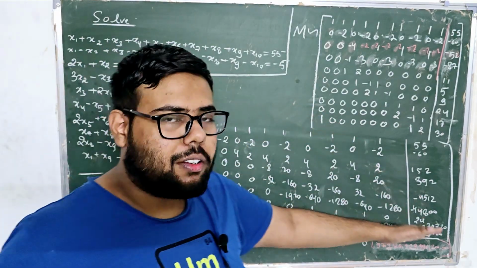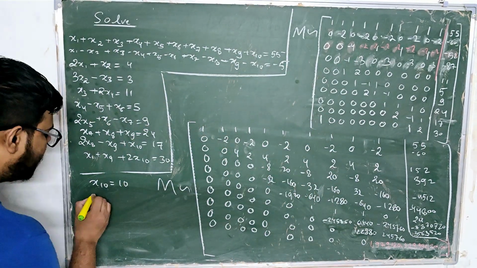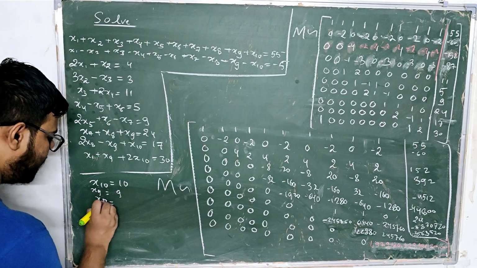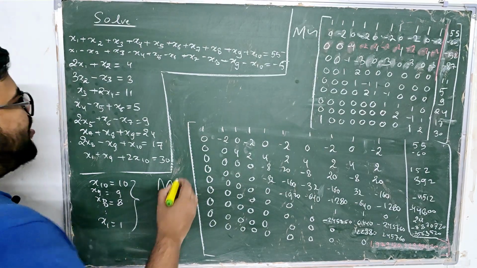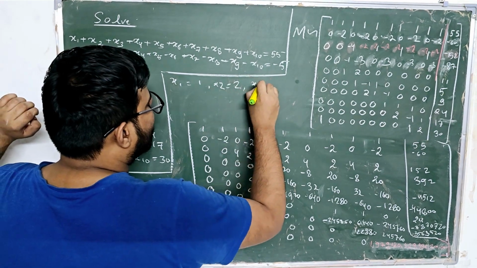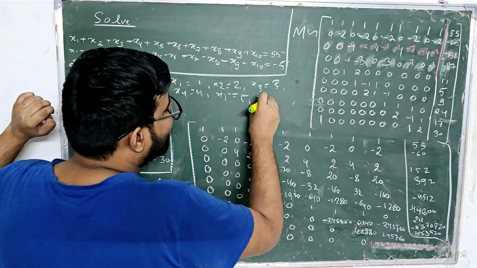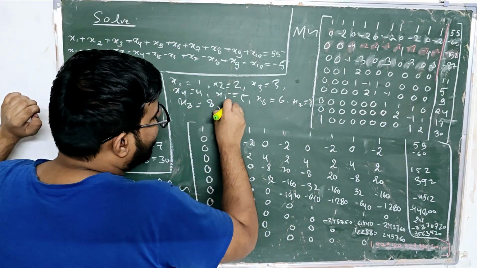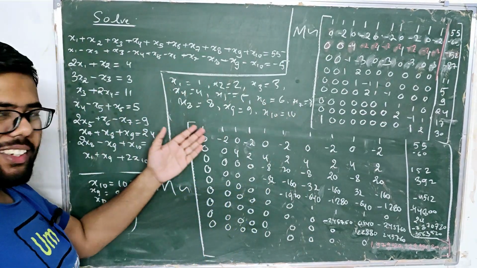And surprisingly, when you solve all the equations which we have got, you will get x1 is equal to 1, x2 is equal to 2, x3 is equal to 3, x4 is equal to 4, x5 is equal to 5, x6 is equal to 6, x7 is equal to 7, x8 is equal to 8, x9 is equal to 9, and x10 is equal to 10. Actually, this is the answer.